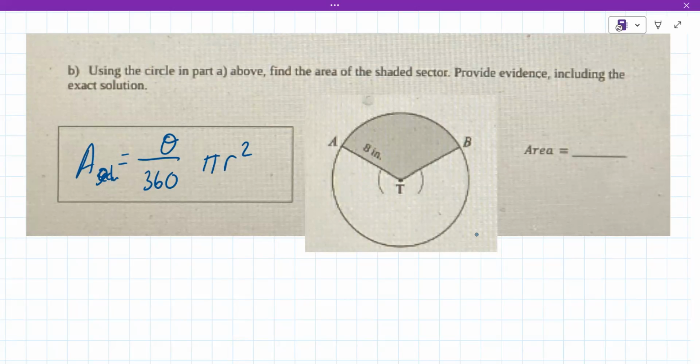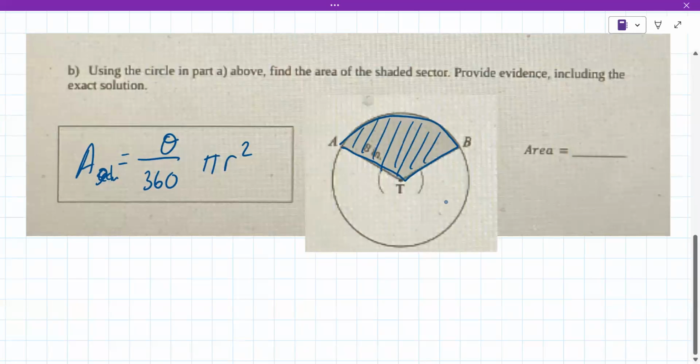I'm currently finding, once again, the small circle within the big one. It's a pizza slice. Yes, so you're finding this right here. Okay, so do we know what the angle of T is currently? It is the same as the previous problem.